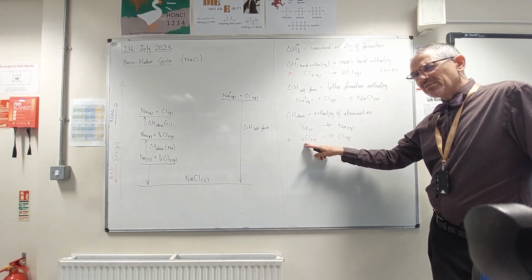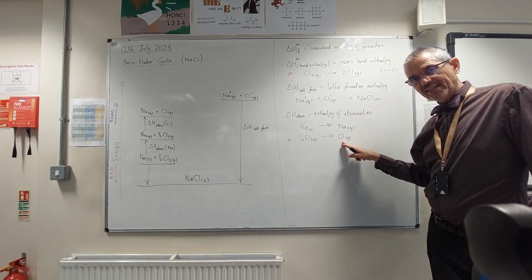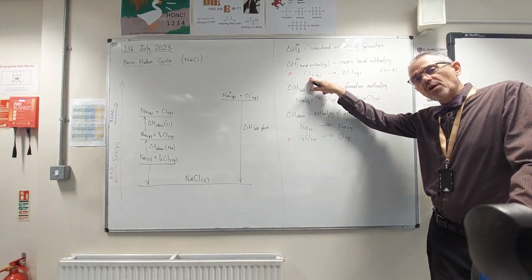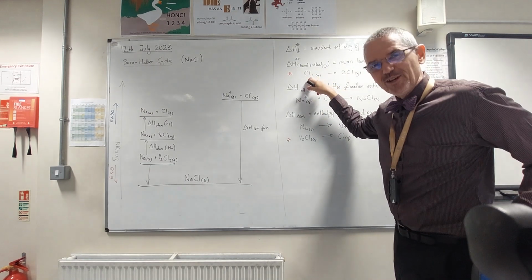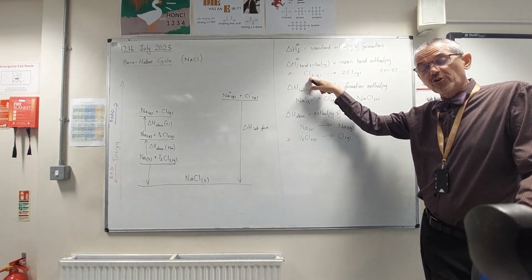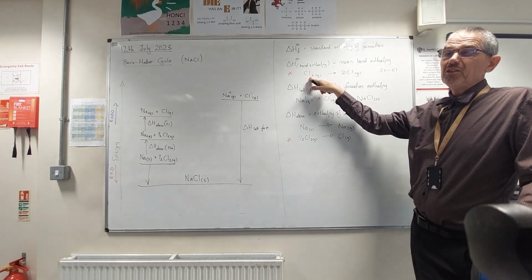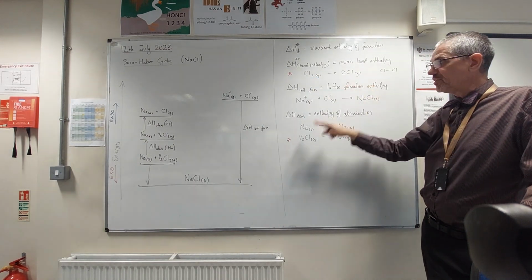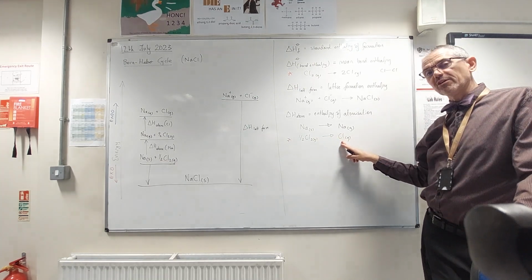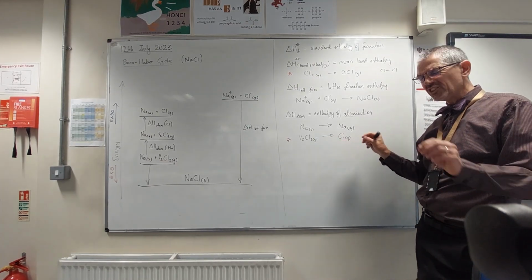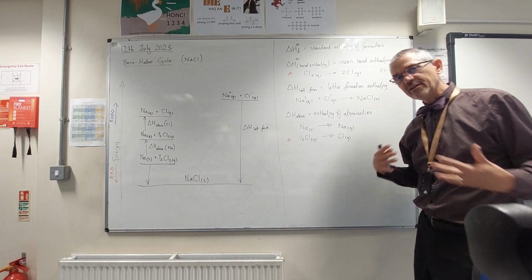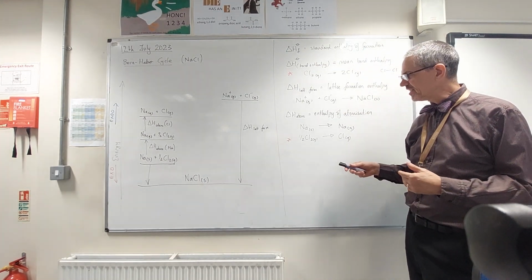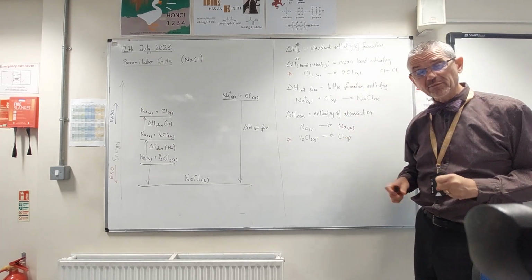the definition of atomization is to make 1 mole of atoms, whereas the definition of bond enthalpy is to break 1 mole of chlorine-chlorine bonds. So if I'm using bond enthalpy data, I'll make 2 chlorine atoms. If I'm using atomization data, I'll make 1 mole of chlorine atoms. This is just one of the ways in which questions on Born Haber cycles are going to trip you up. Do I need to multiply that by 2? Do I need to divide that by 2?